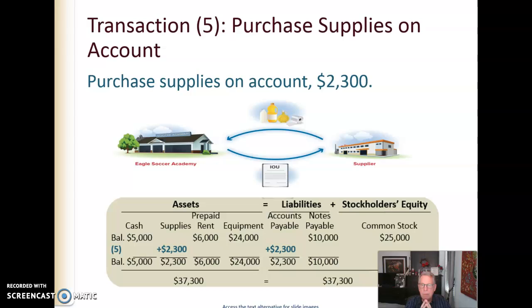Supplies, the asset, is going up by $2,300, while the accounts payable is going up as well on the right-hand side. That does increase the accounting equation to $37,300.